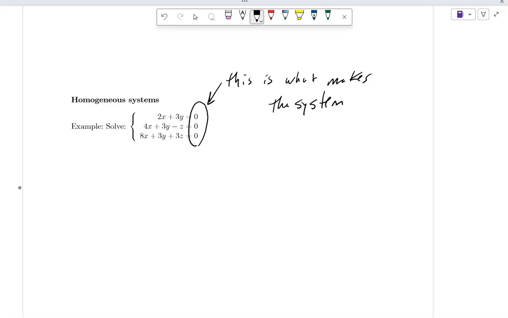Every single constant on the right-hand side of the equation is 0. If even one of them is something other than a 0, it's not homogeneous. Okay? Has to be 0.